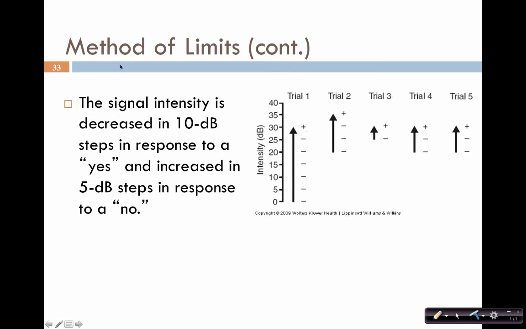So let's walk through a modified method of limits, which, why it's modified is because we're going to be using a combination of ascents and descents to determine at what point we have the least amount of stimulus a person can detect.